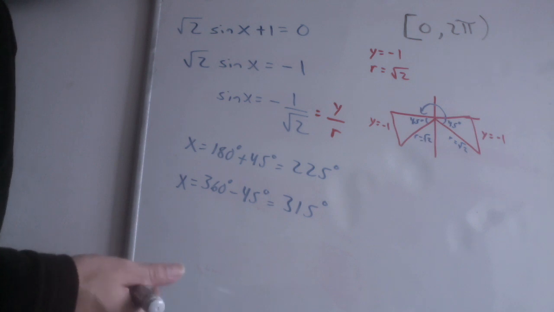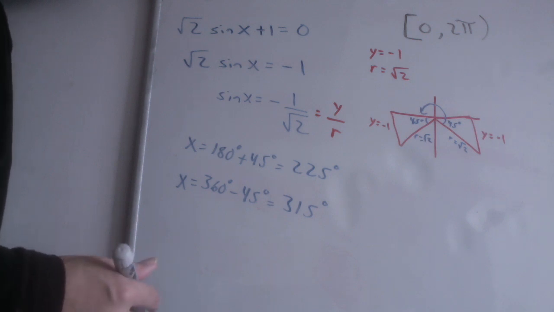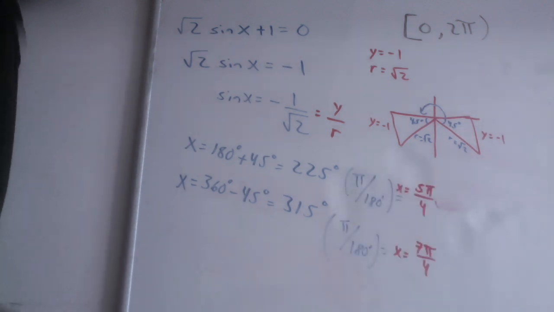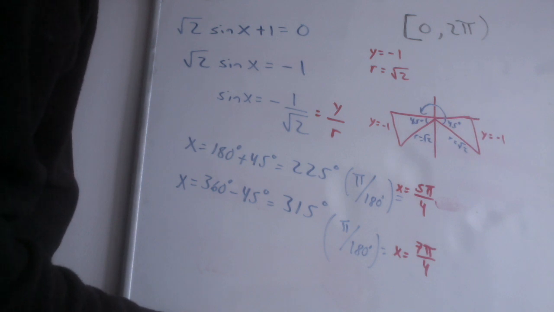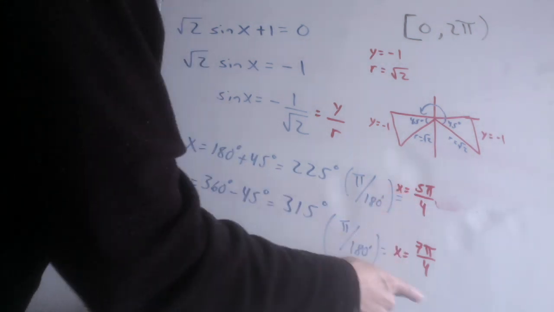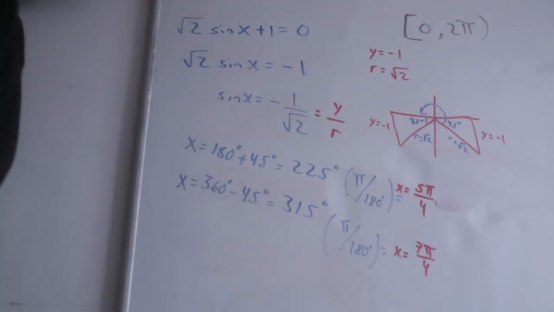But in Alex, the answers are in radians, so I'm going to have to multiply by pi over 180. After multiplying and simplifying, x equals 5 pi over 4, and x equals 7 pi over 4.